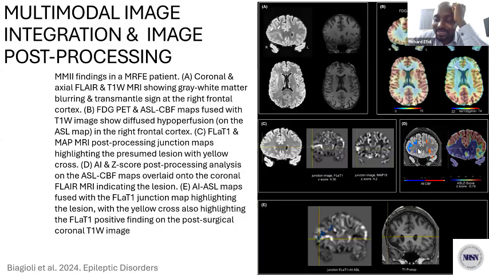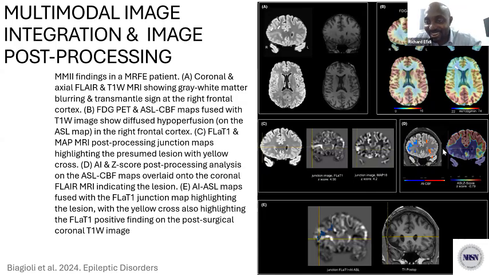Now, there was also advanced post-processing done on the arterial spin labeling image. And we have the asymmetry index. So this asymmetry index was also able to highlight the location of the epileptogenic focus.